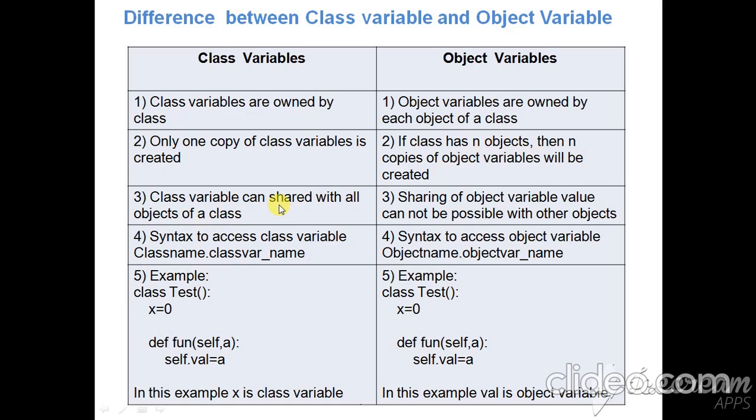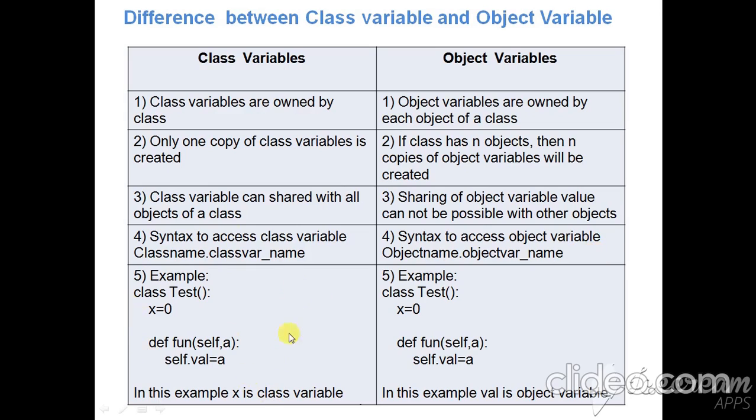A class variable can be shared with all objects of a class, but an object variable's value cannot be shared with other objects. The syntax to access the class variable is the class name dot class variable name, and the syntax to access the object variable is object name dot object variable name.